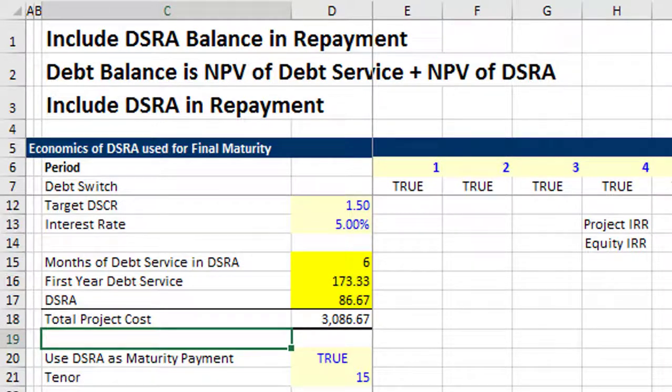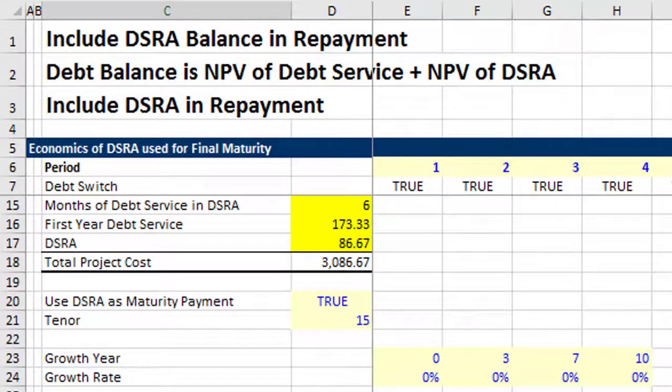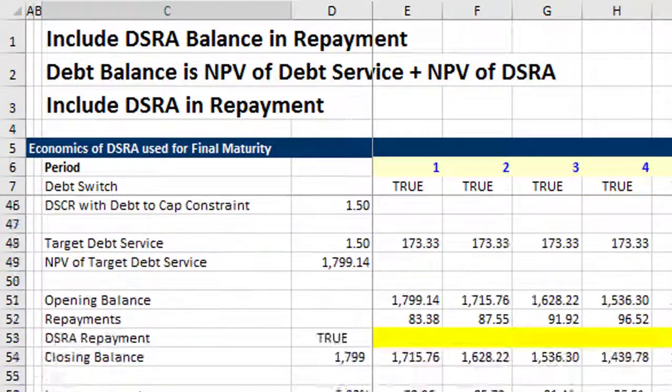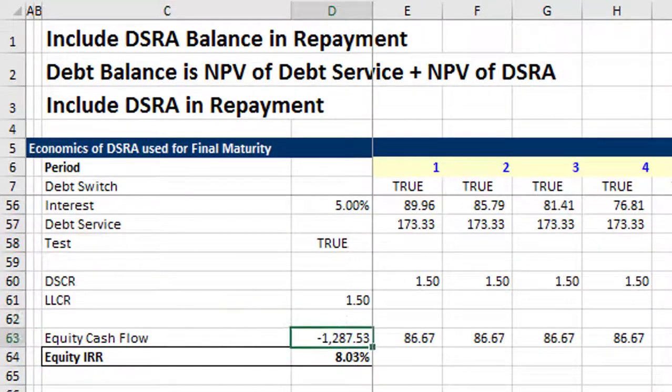Okay, and now let's go down all the way to the equity IRR.